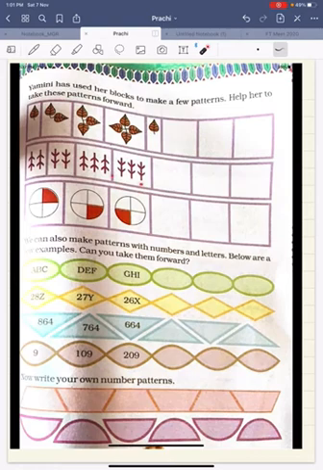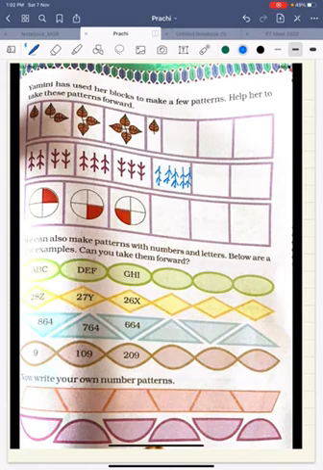In the second picture the arrows are downwards. So what will we draw in the next box? We will draw like this. How many arrows will we draw? 5. We will add one more arrow. So like this you have to complete the pattern.